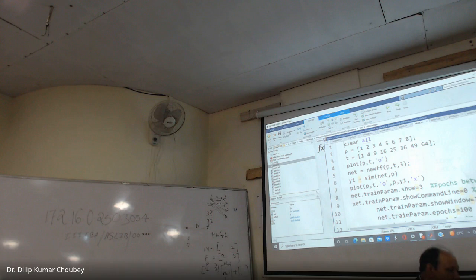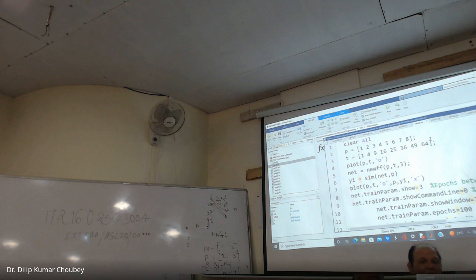Suppose I give a very small equation, y equals x square. We just square the value. If x is there, you can see that we consider the 8 values 1, 2, 3, 4, 5, 6, 7, 8. Similarly, we consider the squares: 1, 4, 9, 16, 25, 36, 49, and 64.